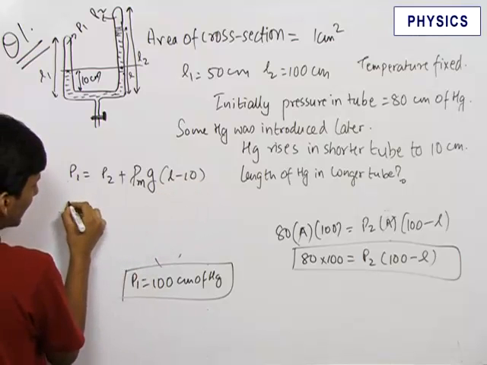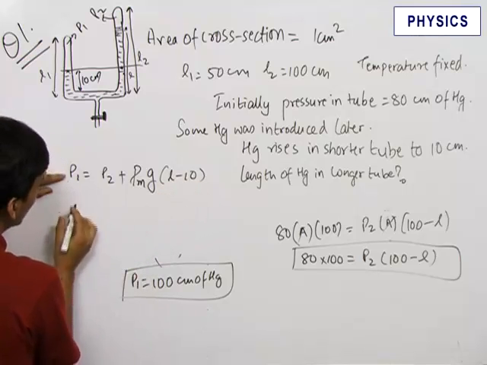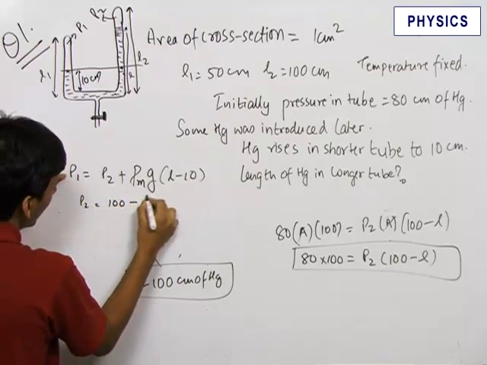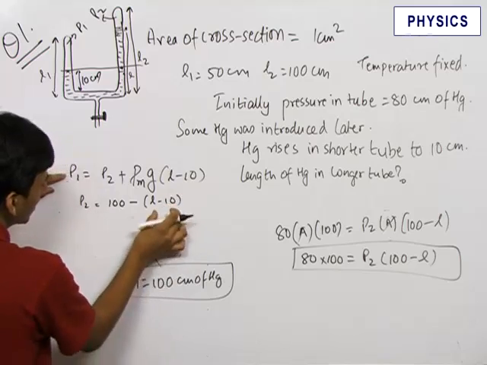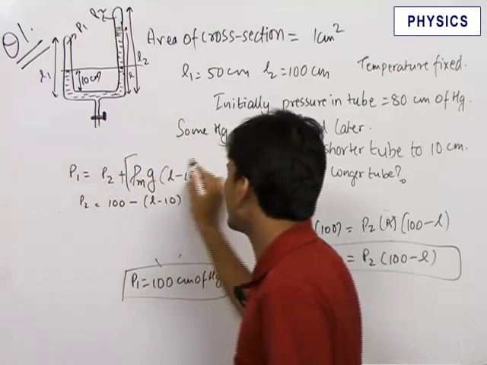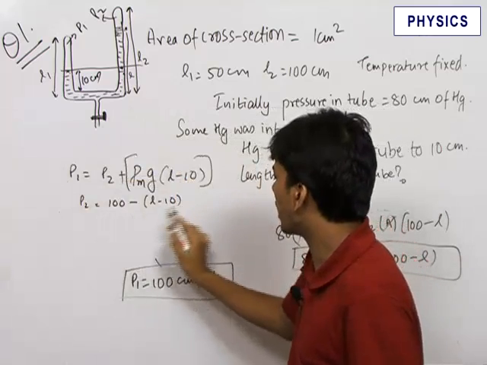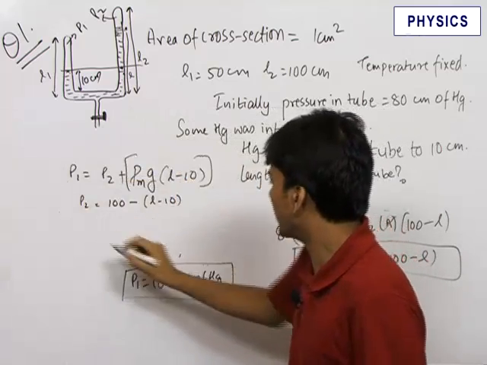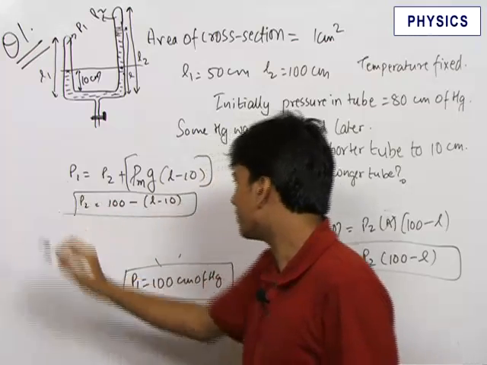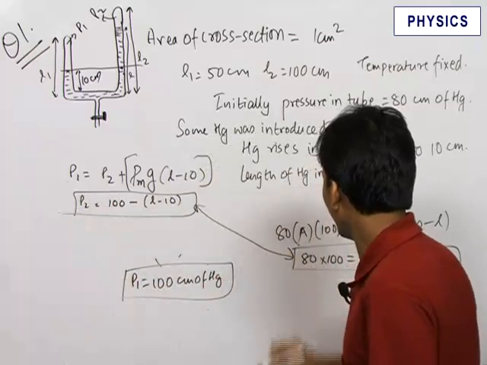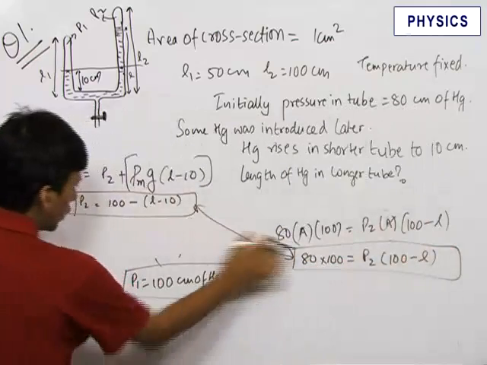P1 we already know as 100 centimeters of mercury. Therefore P2 = 100 minus (L minus 10) centimeters of mercury, because this pressure is L minus 10 centimeters of mercury. So this is one equation in P2 and L, and the earlier one is another equation in P2 and L. So we get two equations and two variables.